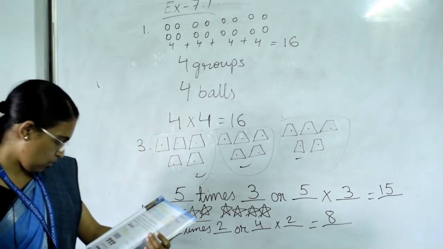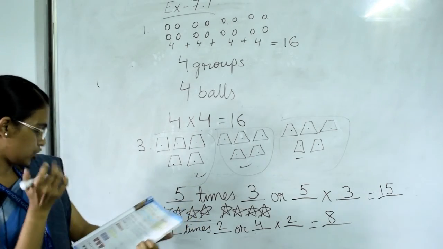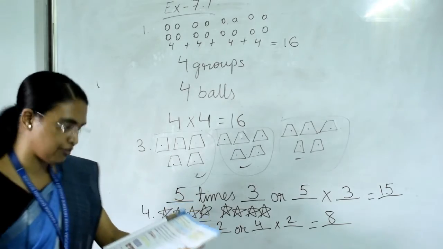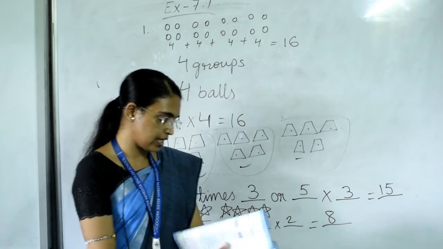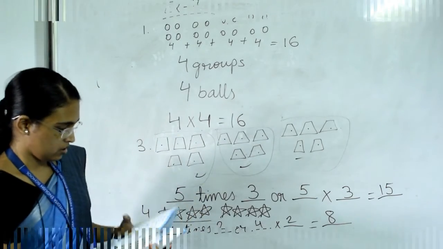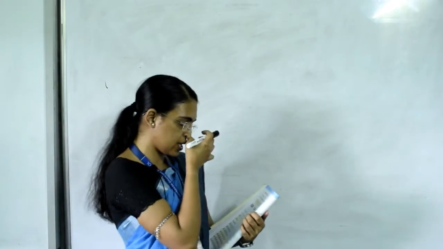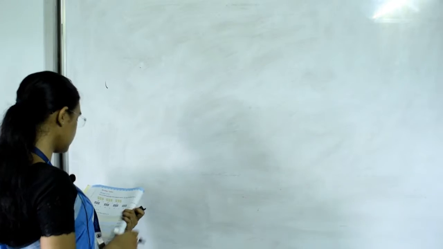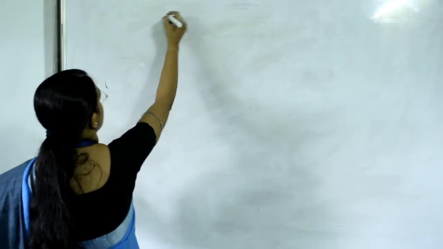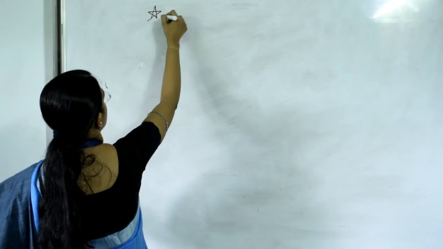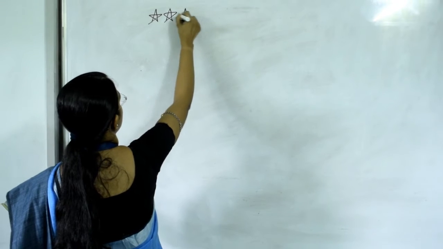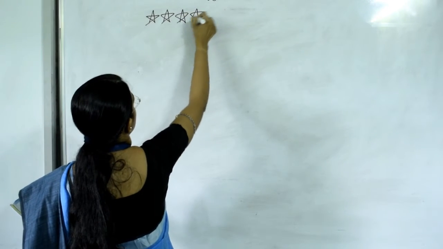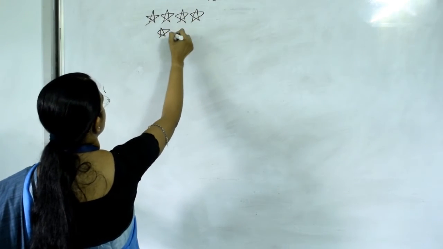Okay, now the rest of the questions, that is question number 2 and 5, are your homework. Now come to the next page. Okay, now we will do groups of 6, that means table of 6. So there are 3 groups of stars and each group has how many stars? 6 stars.